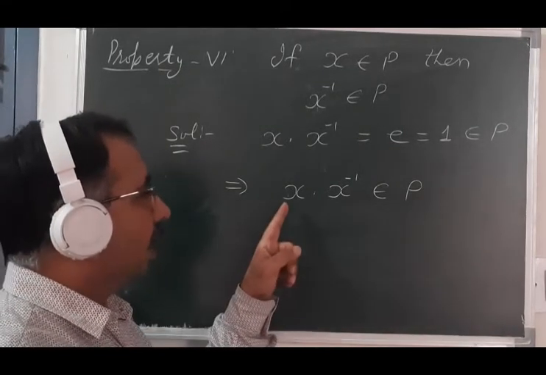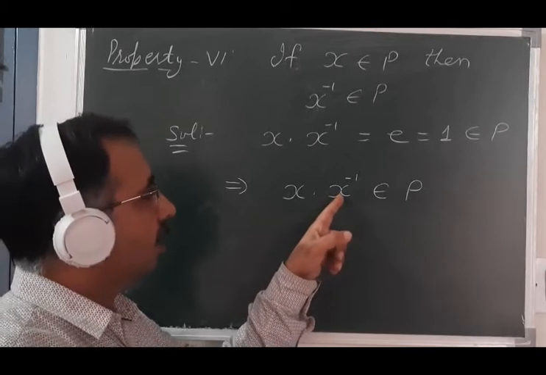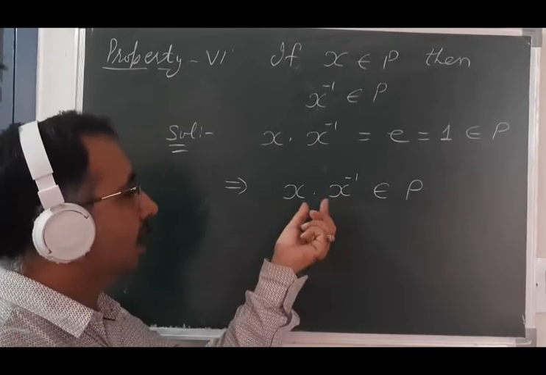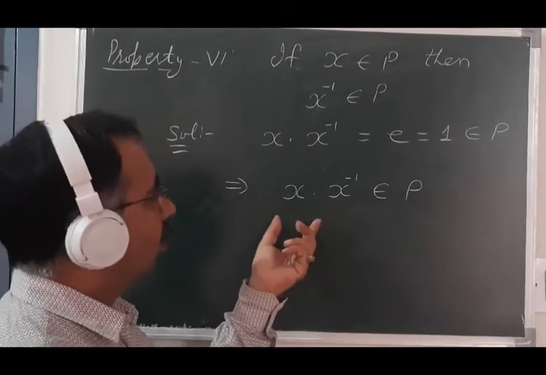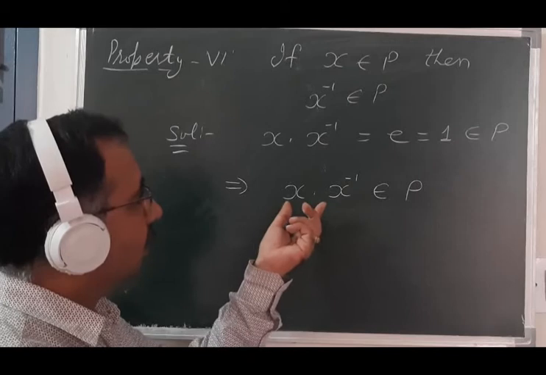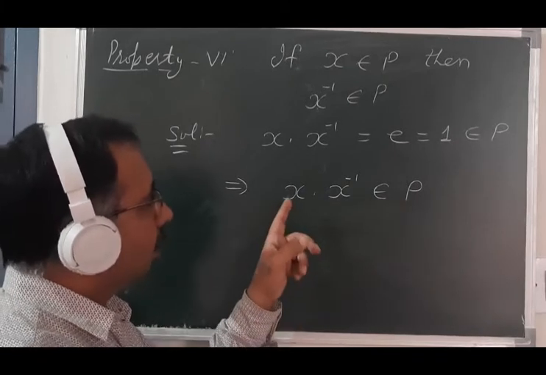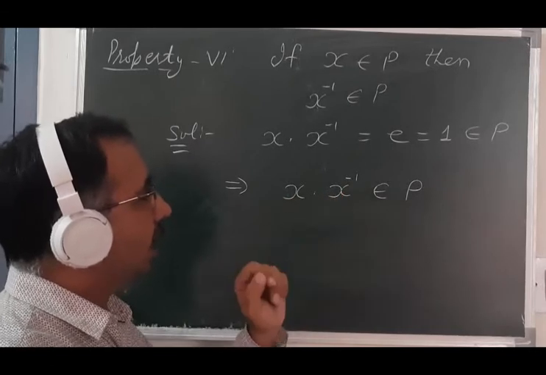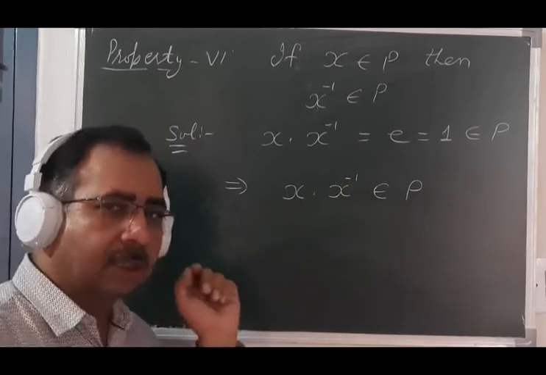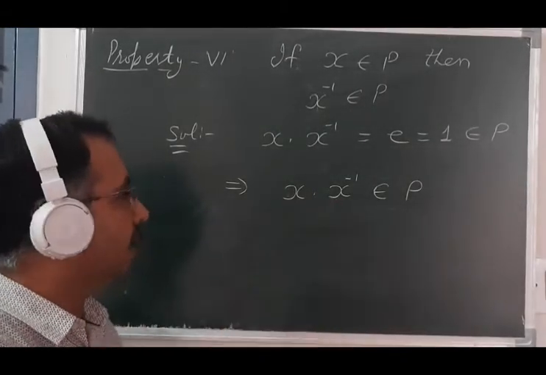So if x is a positive number, x inverse is a positive number, then by closure property of multiplication, x into x inverse is in P. But if x is a positive number and x inverse is a negative number, then we have just proved that positive multiplied by negative is a negative number.